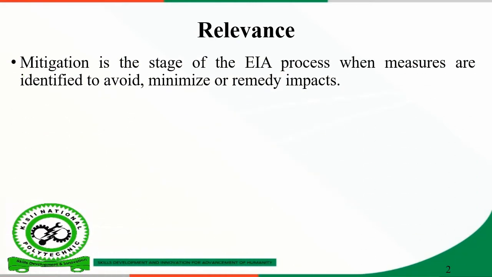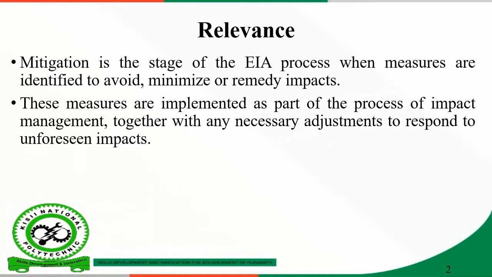So the relevance of this topic, first, is to understand that mitigation is a stage of the EIA process. It's very important to understand how impacts can be mitigated and the possible remedies for the same.